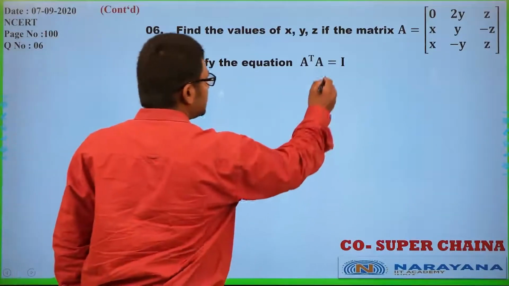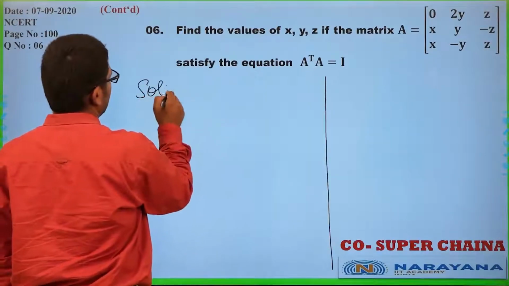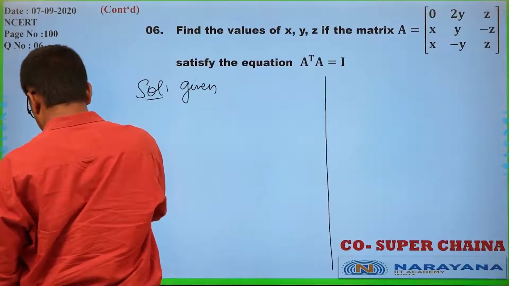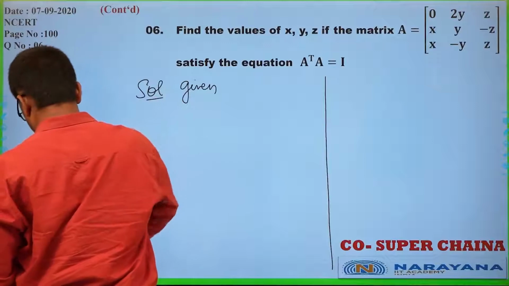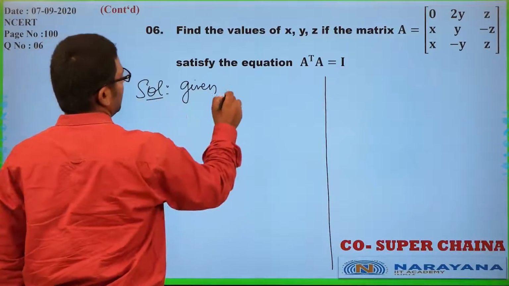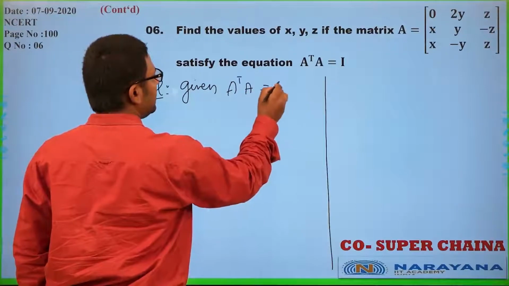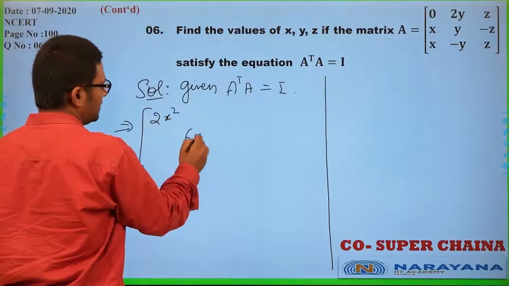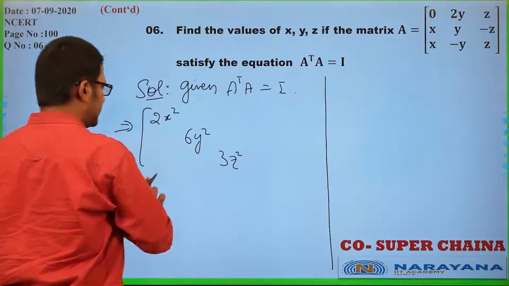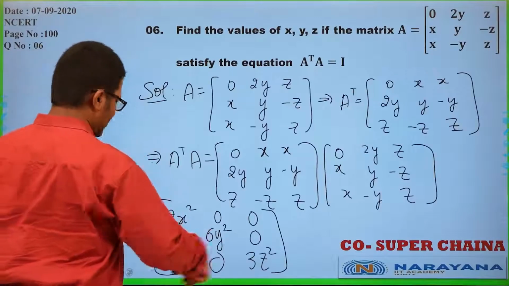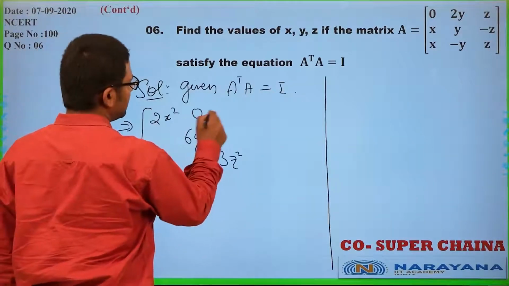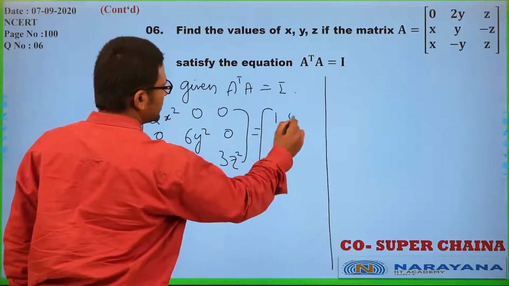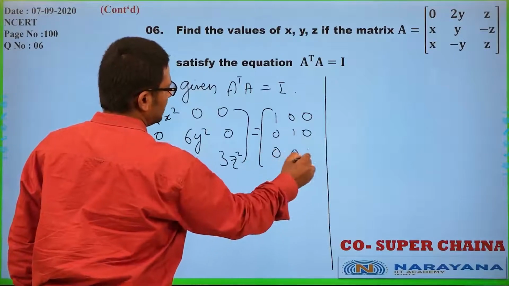So it is given to us that A transpose A is I, which means this matrix with 2x square, 6y square, 3z square in the diagonal and 0 everywhere else is equal to this matrix [1 0 0; 0 1 0; 0 0 1], right?